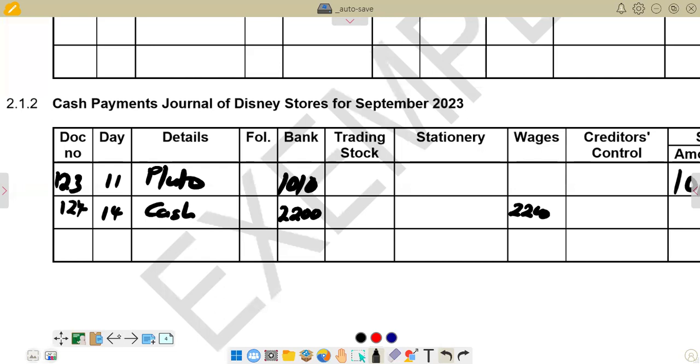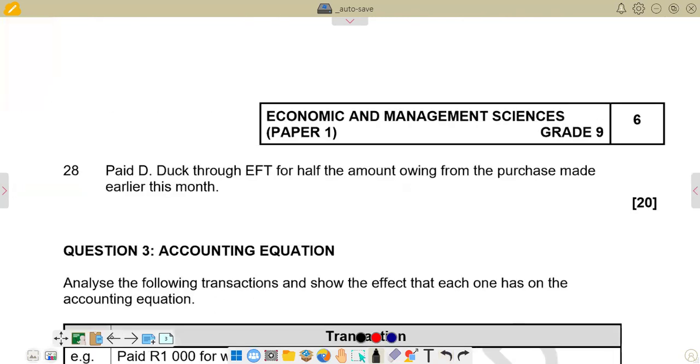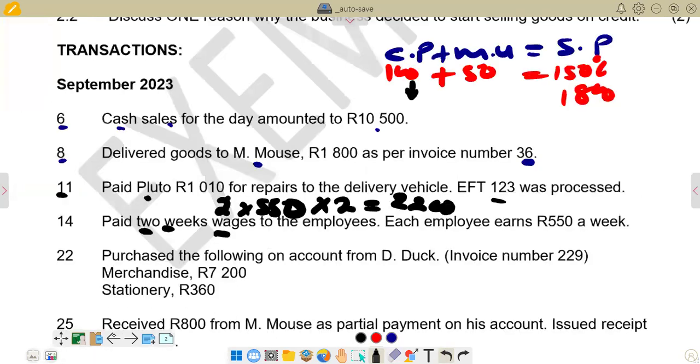So we go back there to see what's the next transaction. If you come here, we are now on the 22nd. Therefore, we are saying purchased the following on account from DTAC, invoice number 229. We've got merchandise, which is 7,200.